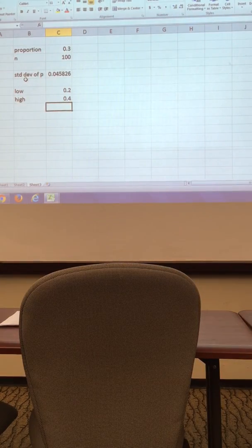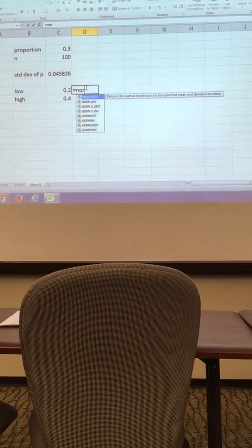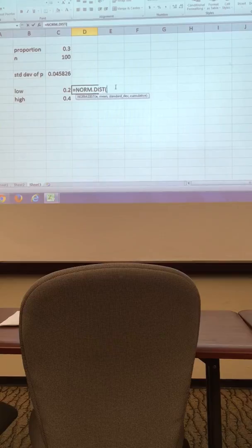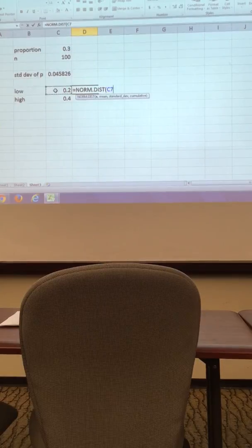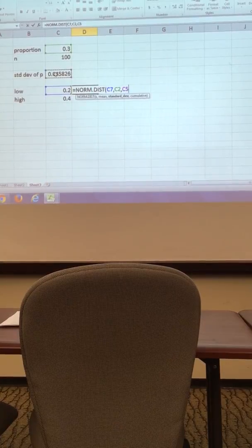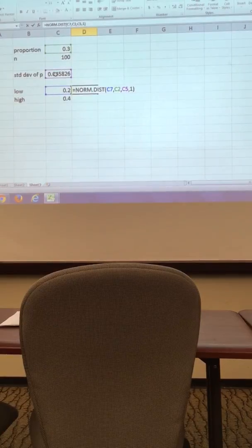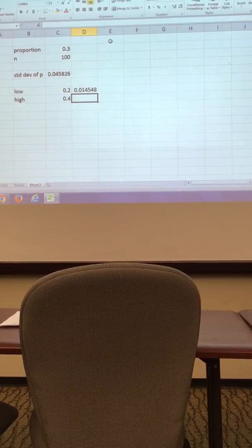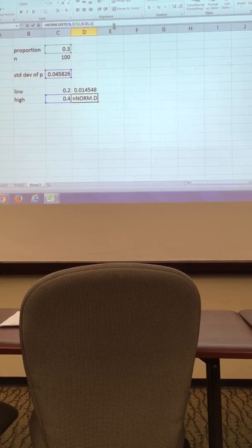To figure that out, we use our norm dot distribution again. Our x is 0.2, our mean is 0.3, our standard deviation is the standard deviation of the proportion. Again, we do it for both.